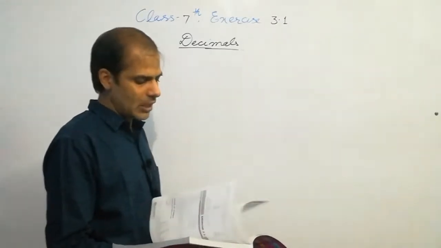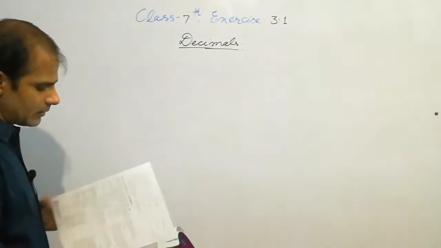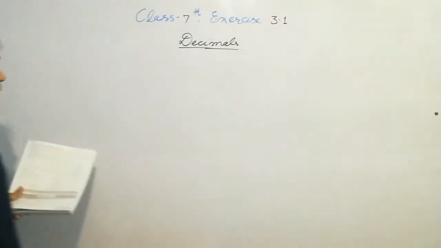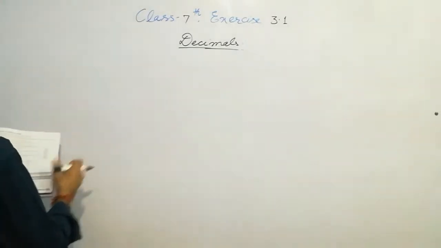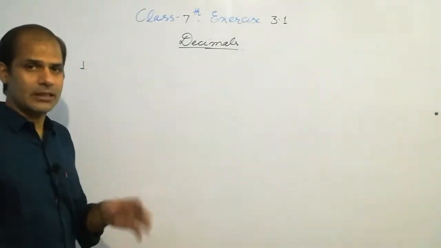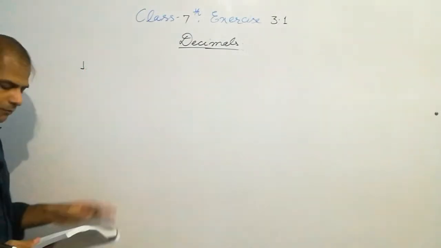So we start exercise 3.1 and we will finish this exercise because it's very easy. So exercise 3.1, first question. I will tell you the properties regarding decimal numbers with the questions one by one.